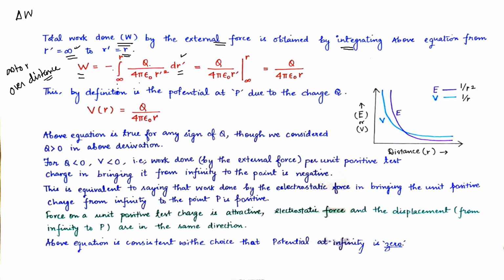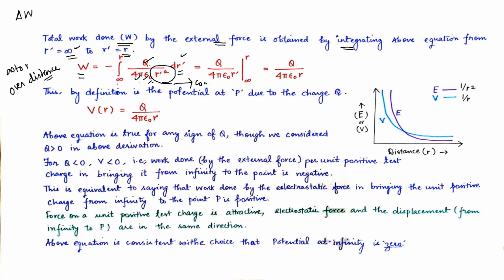Now Q and 4 pi epsilon naught are all constants, so taking them out, only the 1 by R square will get integrated.